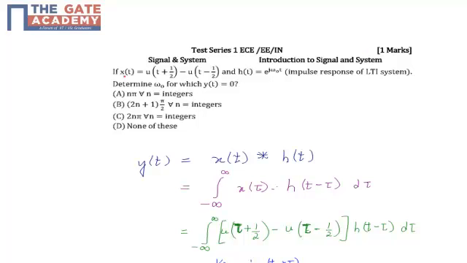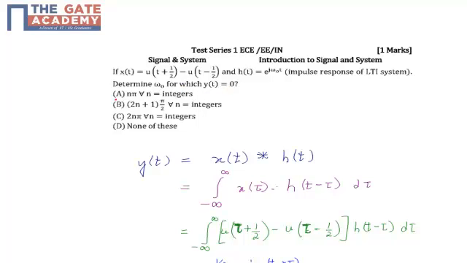The question is: if f(t) is equal to u(t + 1/2) minus u(t - 1/2), and h(t) is equal to e^(j omega naught t), which is the impulse response of the LTI system, then we need to determine the value of omega naught for which y(t) is equal to 0.